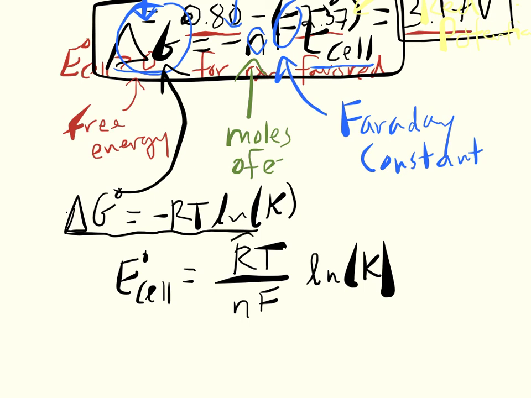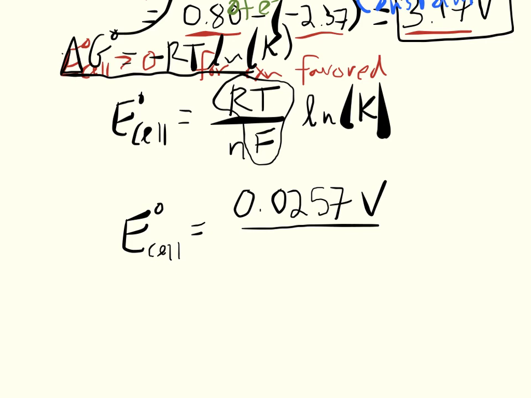Now, since all of these are constants, we can write a value for these three constants at standard conditions. And if we do that, we're left with an equation that looks like this, where E naught of the cell is equal to 0.0257 volts divided by n, again the moles of electrons, times the natural log of K, the equilibrium constant.